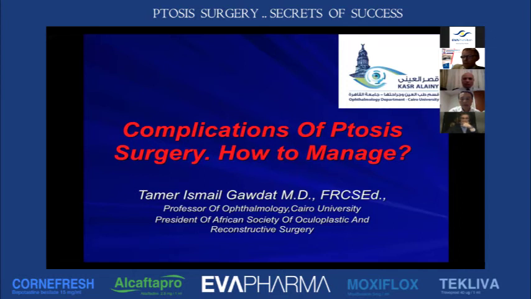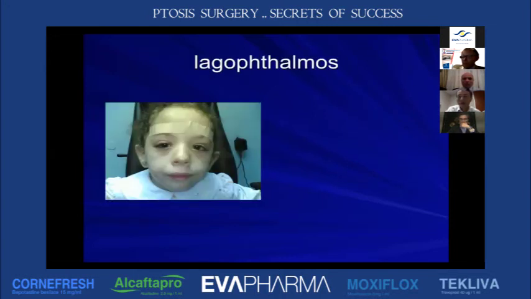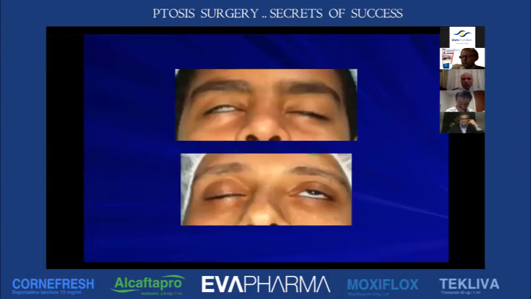First of all, we have to know that there is a difference between side effects and complications. Side effects can happen, like mild or even moderate lagophthalmos, which is the inability to close the eyes during sleep, especially in cases of frontalis sling or after levator muscle resection. But if the cornea is not exposed, it is okay to put lubricants and ointment, because usually with time it will become better.